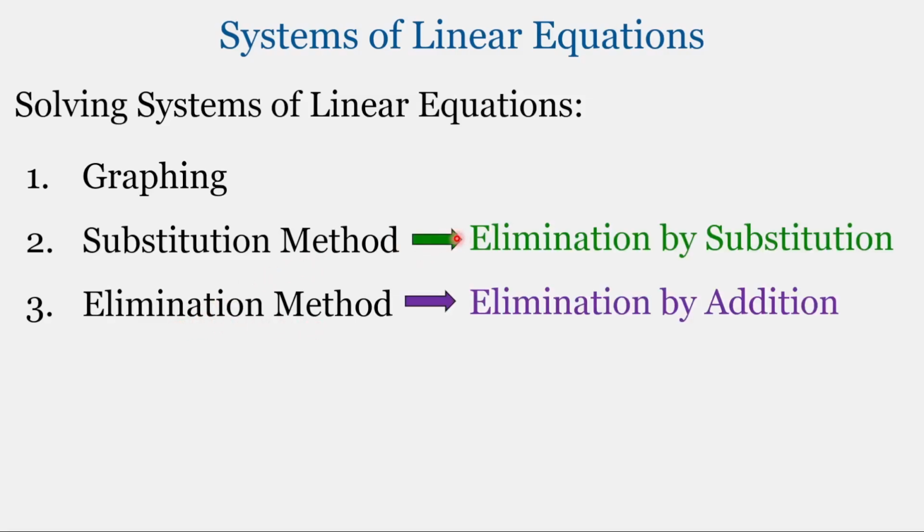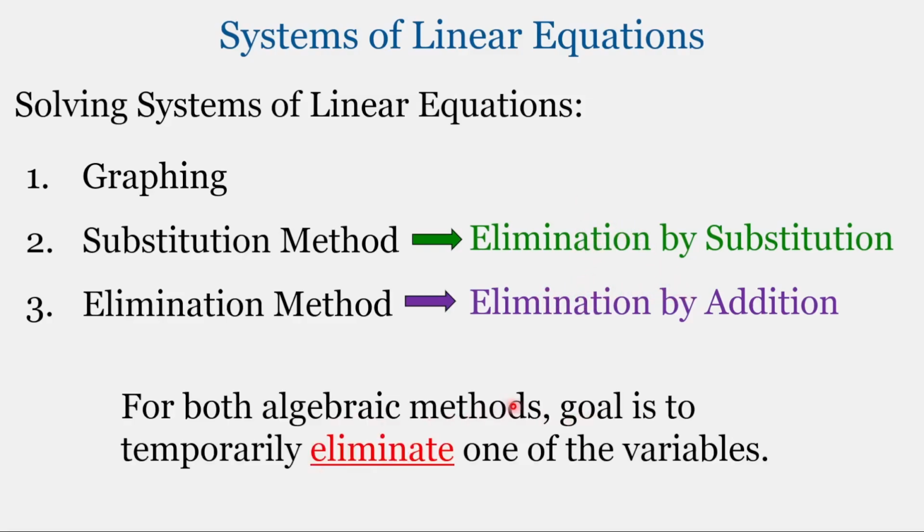But sometimes the substitution method is called elimination by substitution, and then the elimination method is called elimination by addition. Because when we're looking at both of these algebraic methods, the goal is to temporarily eliminate one of the variables. So you may see substitution written as elimination by substitution.